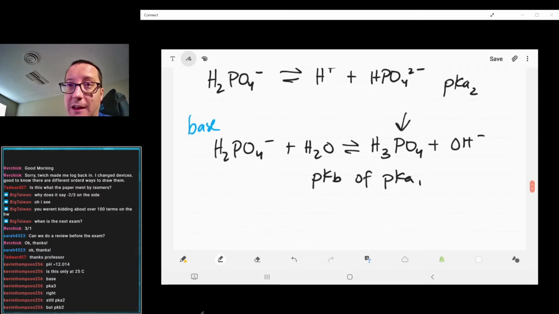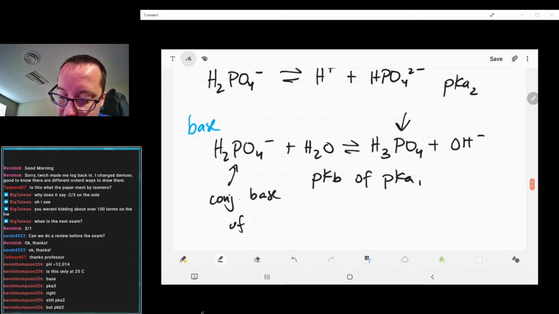So remember that this is going to be the conjugate base of phosphoric acid. And so phosphoric acid's acid dissociation, which is pKa1, is going to be related here. So it's going to be the opposite process.